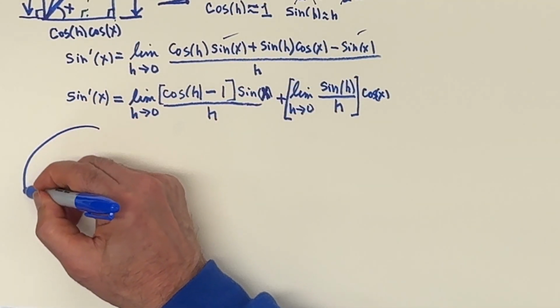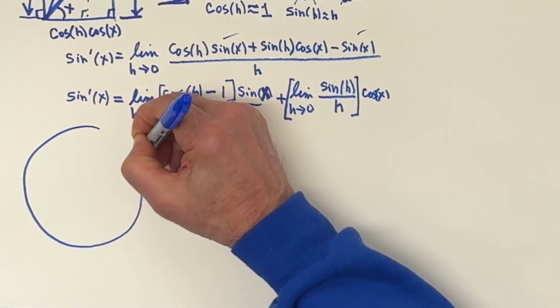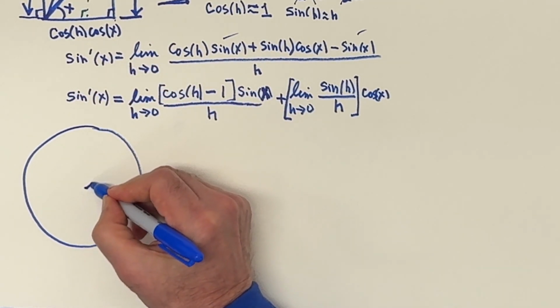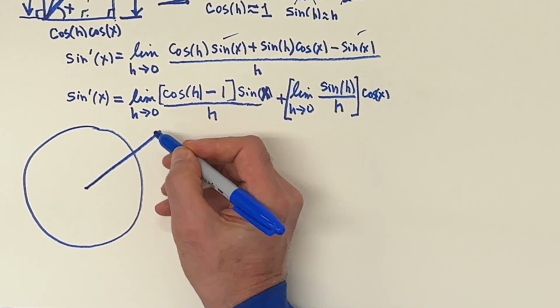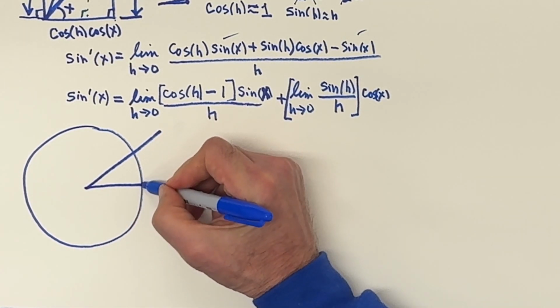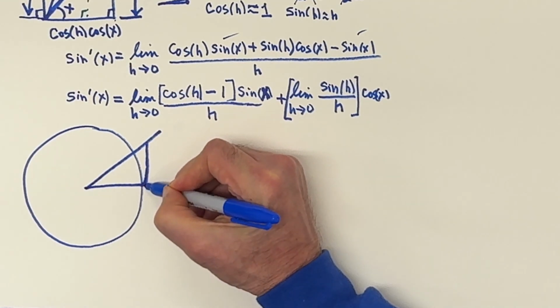So to do that, I'm going to get myself a circle here, like that. And I'm going to look at here, going out like this, and say go up to here.